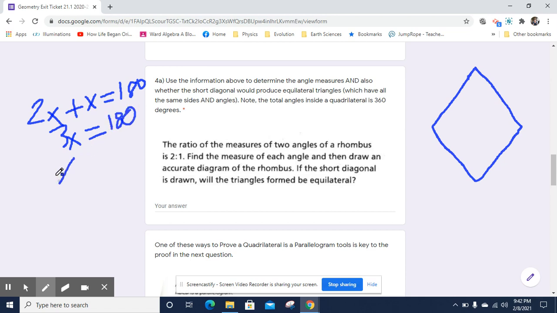So x has to be 60 degrees. So this is the narrow one. That's the more broad one. So one of them is 2x. So 2x is 120, twice 60.